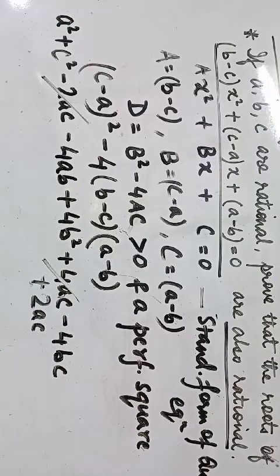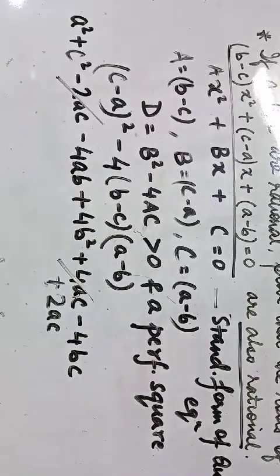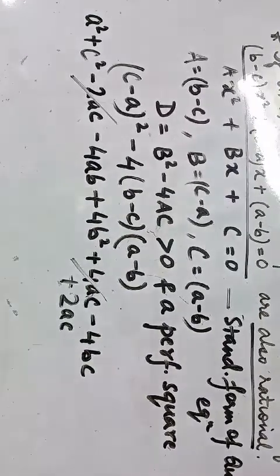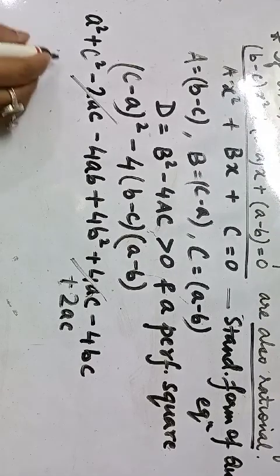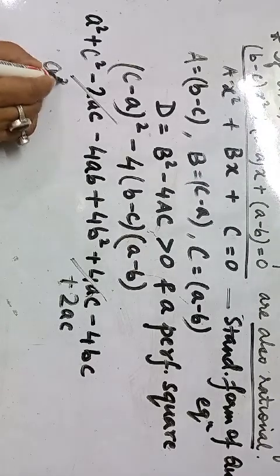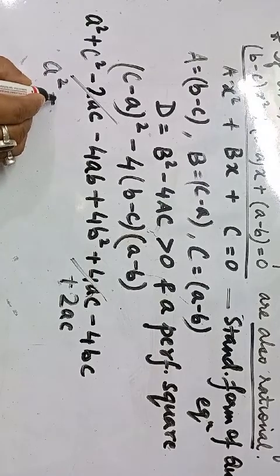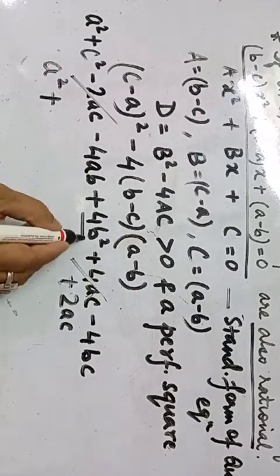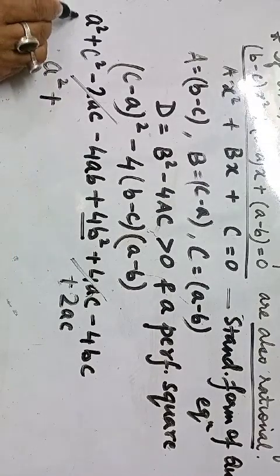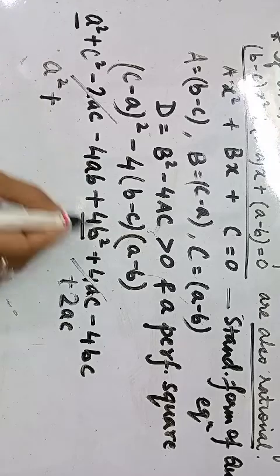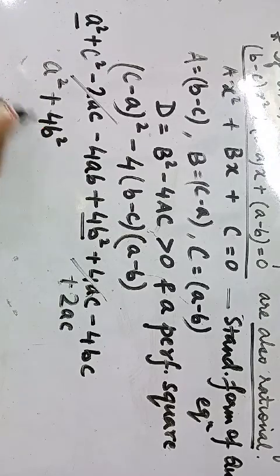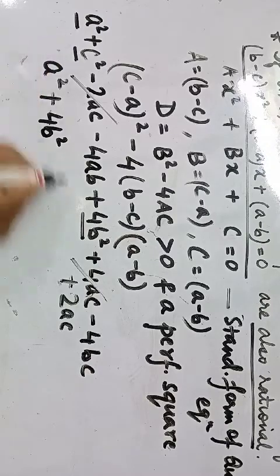Okay, so what I'm going to do now is, in a separate line, write down this particular portion after simplification. So it is a square plus this term. I'll keep underlining the terms I have used. Then comes the c square term.